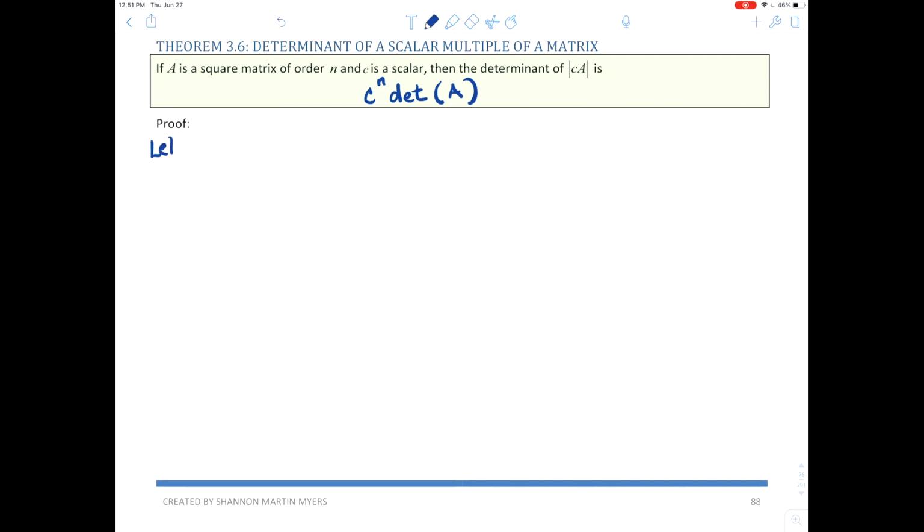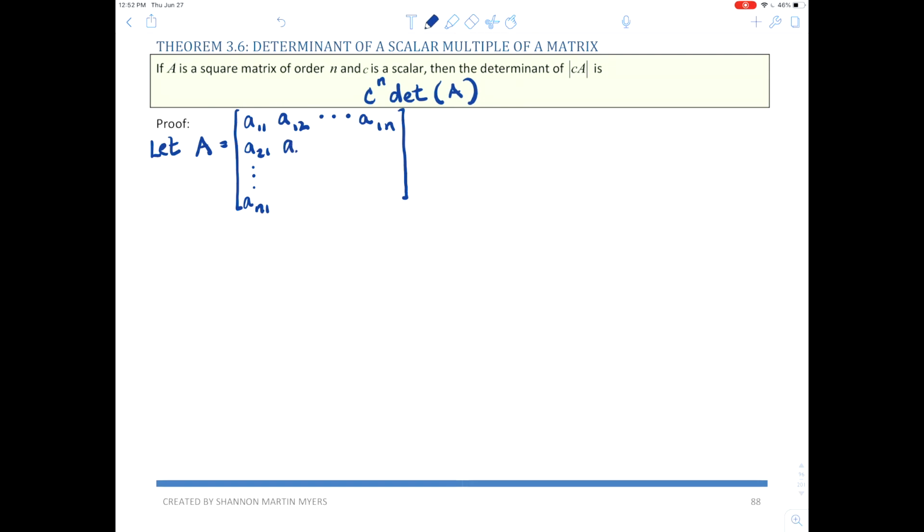Why don't we let A equal an n by n matrix. So we'll have A11, A12, all the way down to A1n, and then we'll have A21 all the way down to An1, because A is n by n.